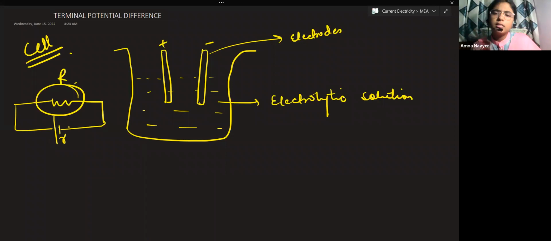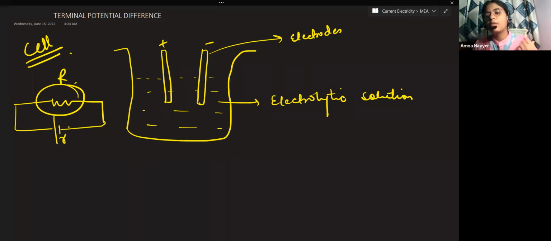Resistance can come from anything. For example, if electrons are moving and the walls of the wire come, it will give resistance and electrons will not be able to move.